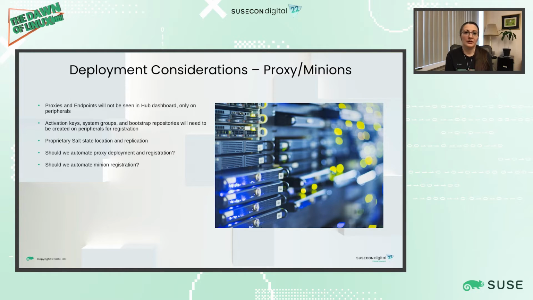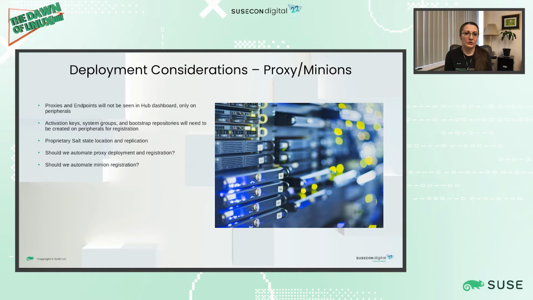Those need to be created on your peripherals for registration. Any proprietary salt states that you create on each peripheral may need to be replicated on all the other peripherals. So that needs to be thought of. Either you check them into GitHub and copy them down to every peripheral, or you find some other way to do that.